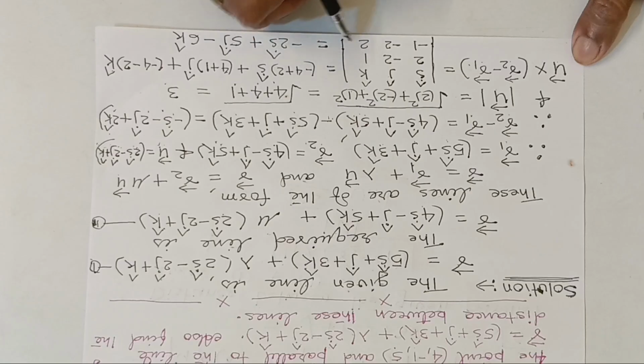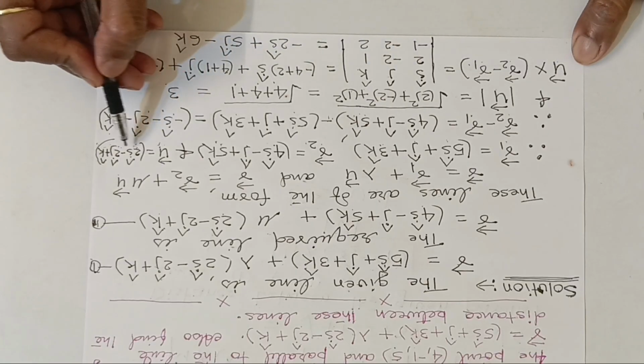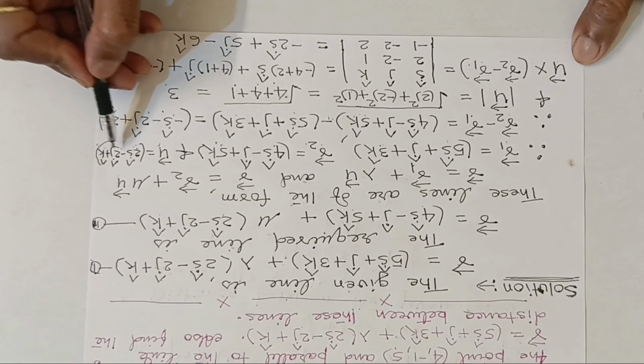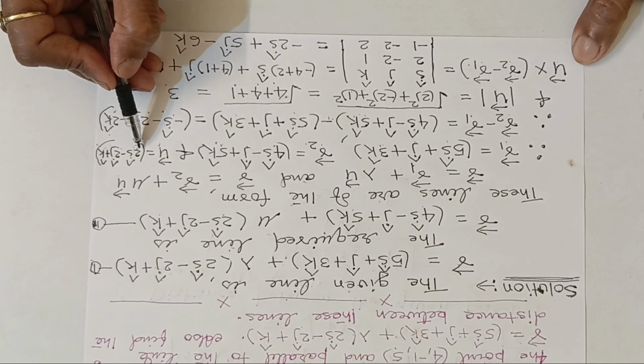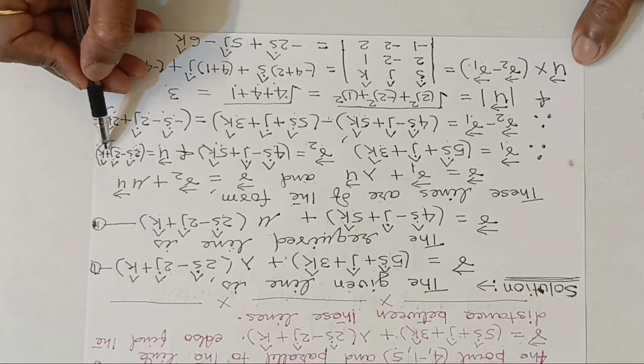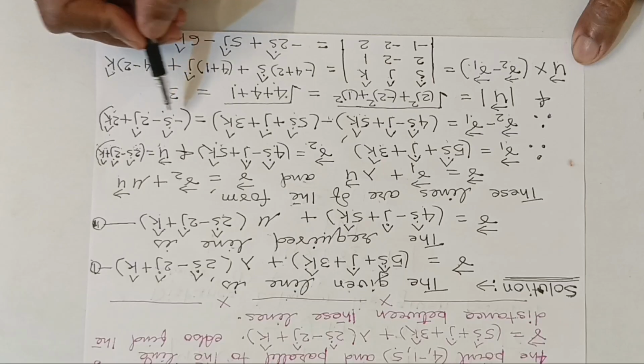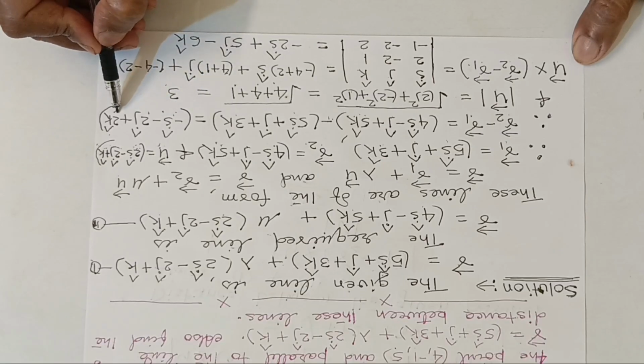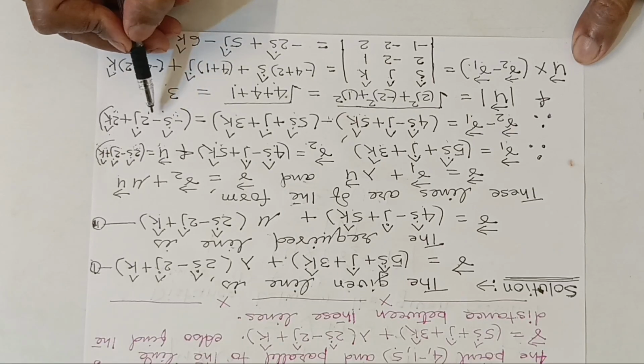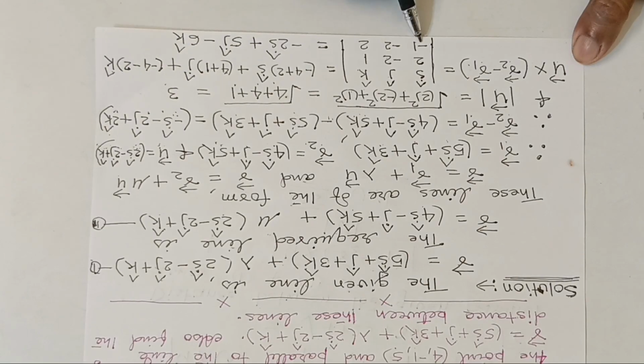The determinant with rows i, j, k; 2, -2, 1, taking the coefficients of u; and -1, -2, 2, taking the coefficients of r2 minus r1.